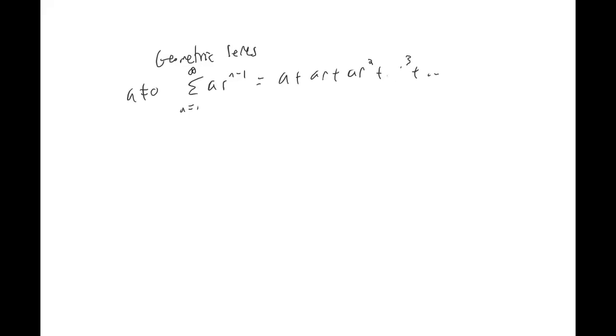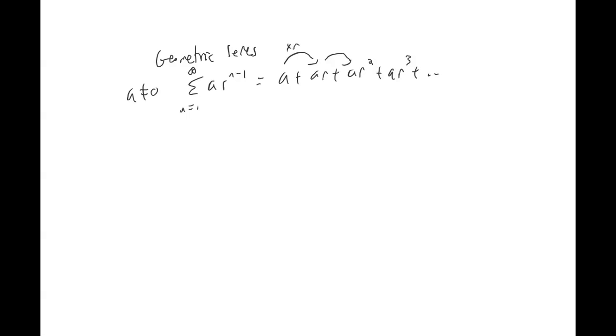So let's figure out what a geometric series is. How would you identify it? How do I go from here to here, everyone? How can I go from a to ar? And then ar to ar squared.